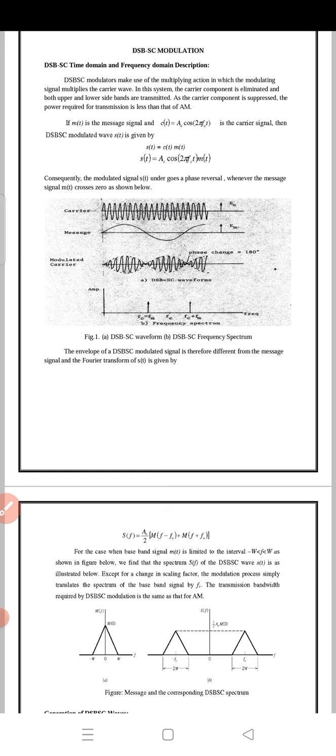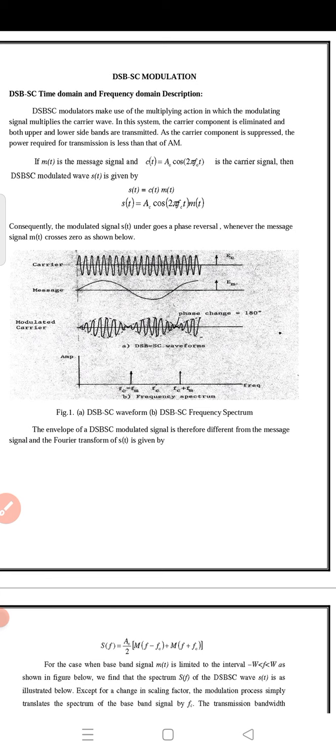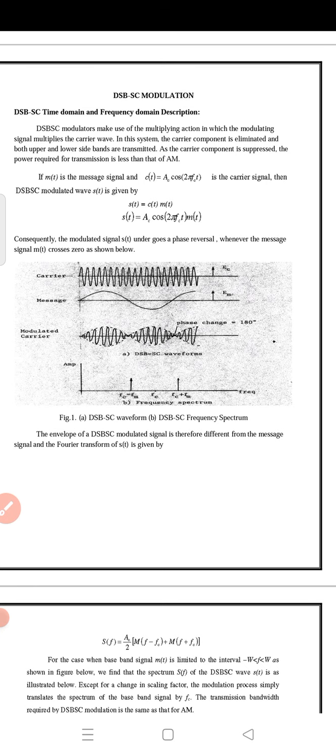This is the introduction to DSBSC modulation. In DSBSC modulation, we suppress the carrier in order to overcome the disadvantages of amplitude modulation. The output equation of DSBSC is Ac cos omega ct into m of t. How does it arise? The standard equation of the AM wave is Ac cos omega ct plus mu into m of t into Ac cos omega ct.